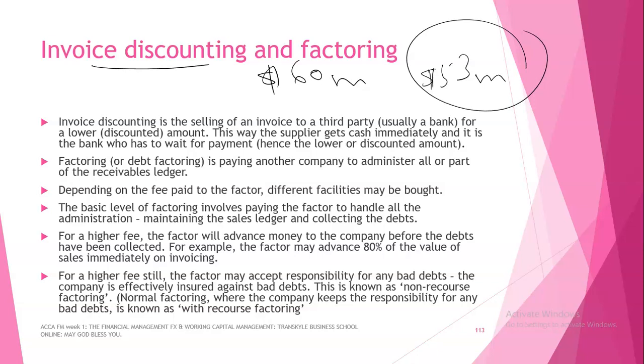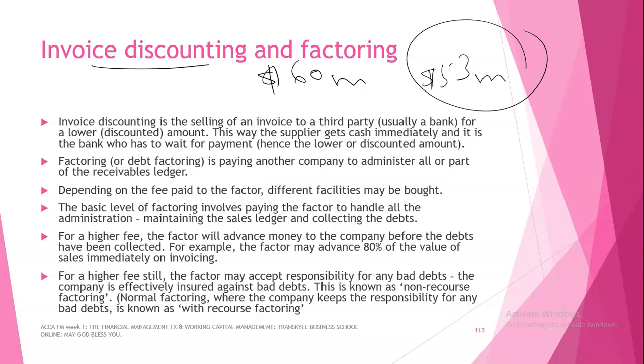For a higher fee still, the factor may accept responsibility for any bad debts. In that case, the company is effectively insuring against bad debts, where the factor is also bearing the risk of bad debts. Some of the customers included in that sales ledger might fail to pay.